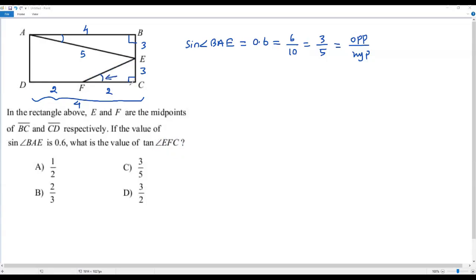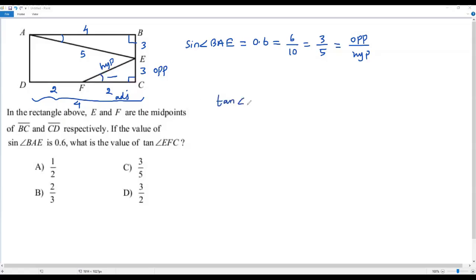When I consider this angle EFC, this side EC is the opposite side and this FC is the adjacent side. This one is the hypotenuse, because this is the side opposite to the right angle. Now in this right triangle, we have to find the value of tangent EFC, according to the angle measure I marked over here.